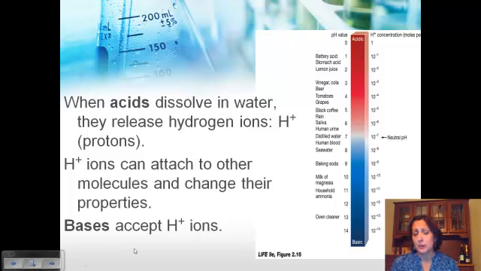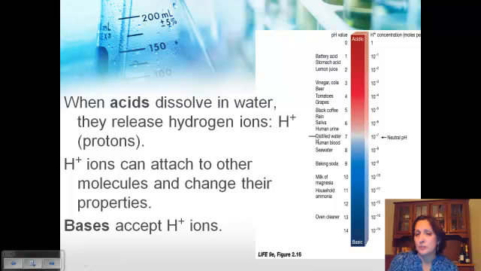Now, because water is such a good solvent, it also will dissolve acids, and when they ionize, they will release hydrogen ions, or bases in our body, which will accept hydrogen ions. And the problem with that is just that we want to maintain a constant pH. So different parts of your body have different pHs.